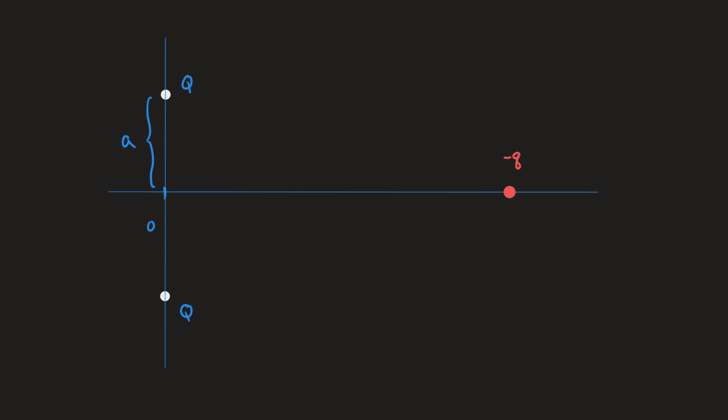The problem isn't any different if I put a positive Q there. You probably understand that, right? And this charge is a distance x away from the origin.